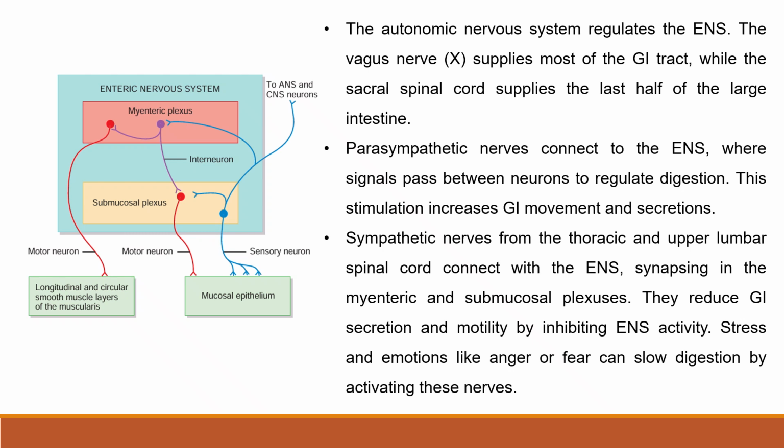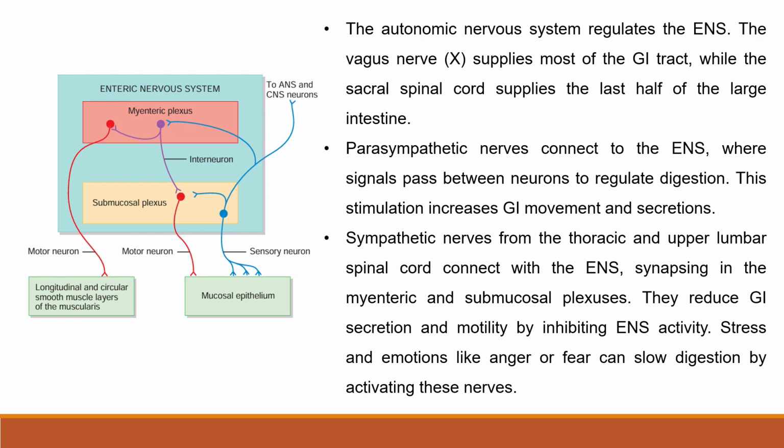In the spinal cord, there are 31 pairs of spinal nerves. So the sacral spinal cord is connected with the large intestine. So it is actually regulating our entire digestive system.